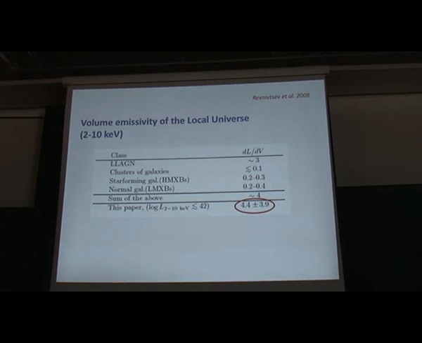Every X-ray emitting thing is recorded with this analysis. And we say that the X-ray emissivity of every source in the local universe which is fainter than, for example, 10 to the 42 erg per second has this value. So it cannot be higher than this.